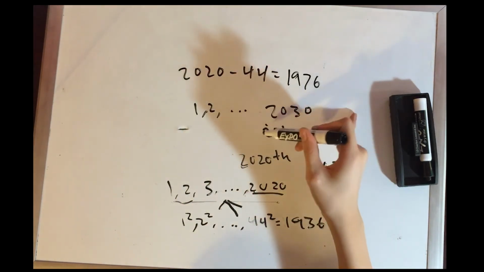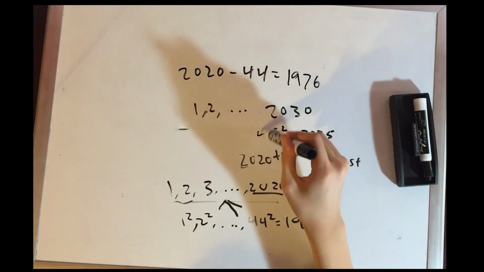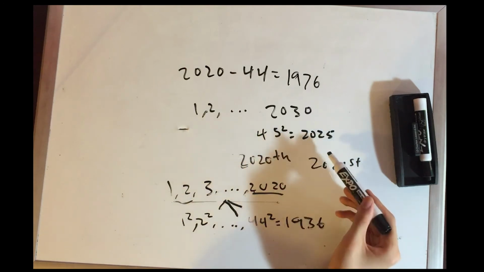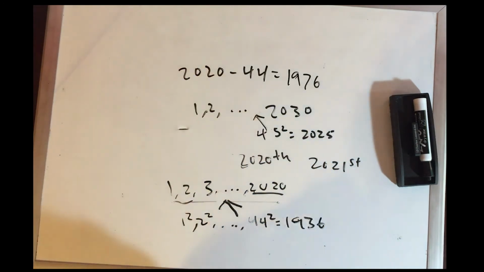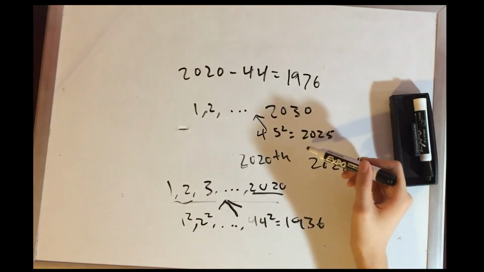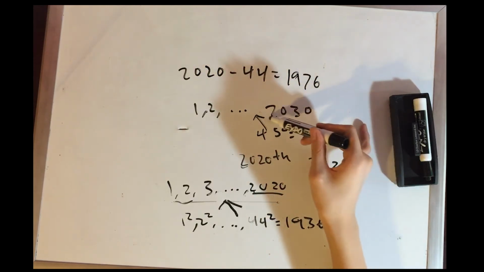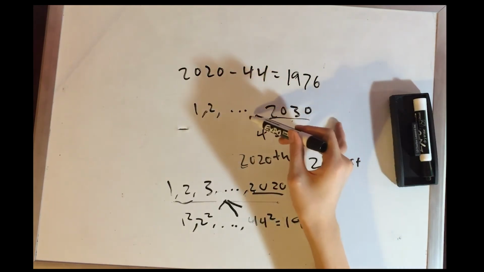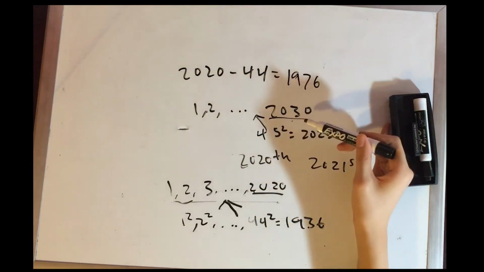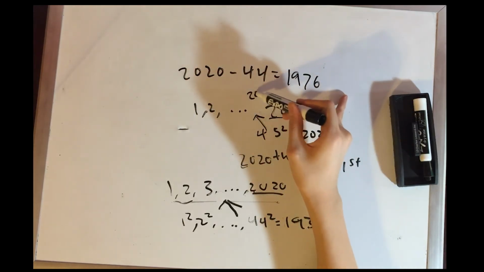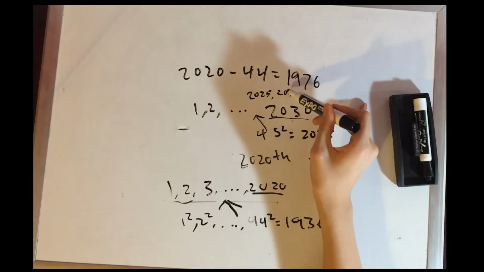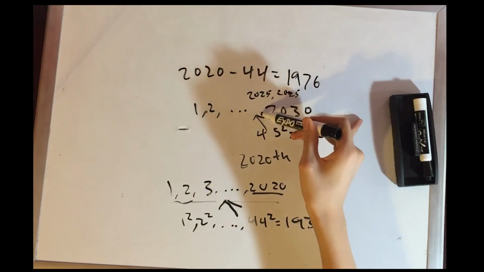And this number is really close to our maximum. So whenever we shift this number down, we have to be careful because we can't subtract 1 every time, because we're going to have a duplicate, two 2025s in the sequence, right?